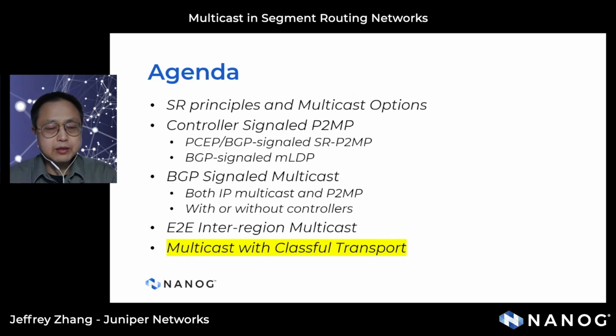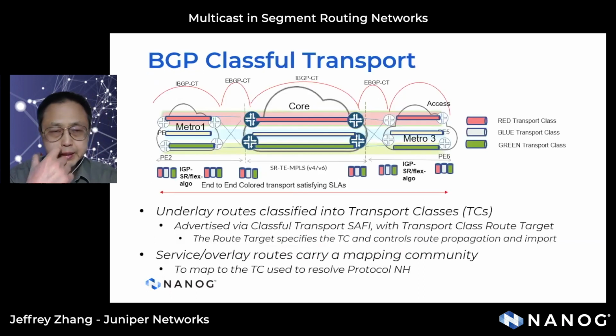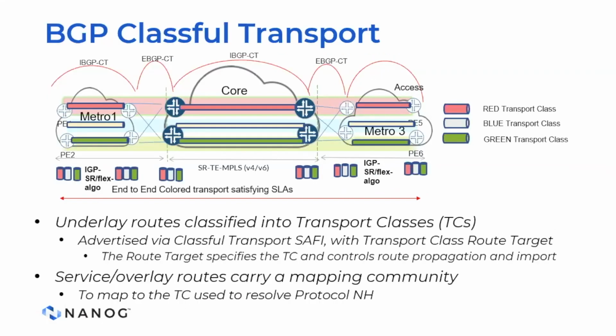Finally, let's talk about multicast with Classful Transport. Classful Transport is a new topic that is ongoing in the IETF. The basic idea is that in an operator network, the underlay routes are classified into transport classes. For example, we have red transport class, blue transport class, and green transport class.